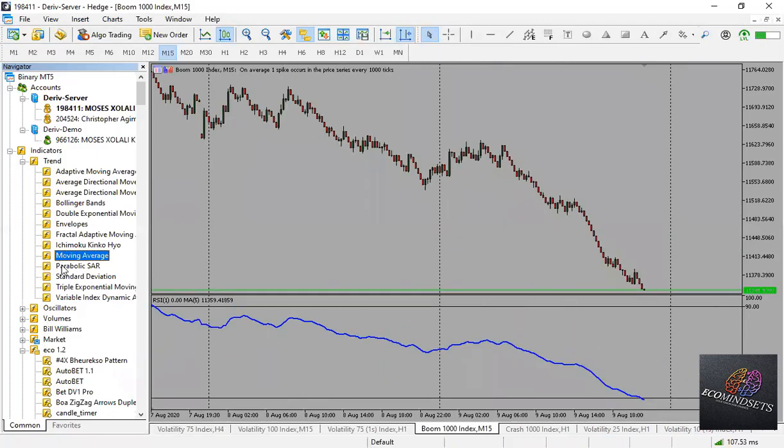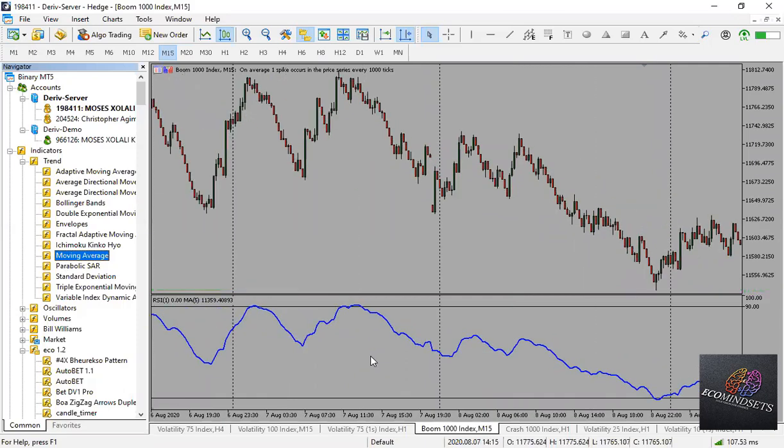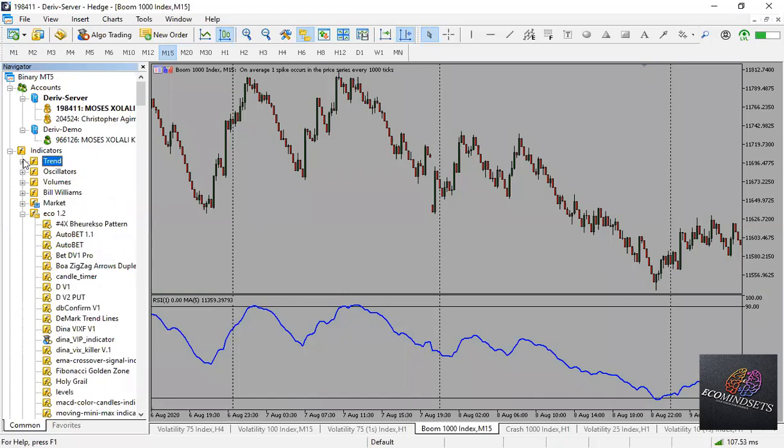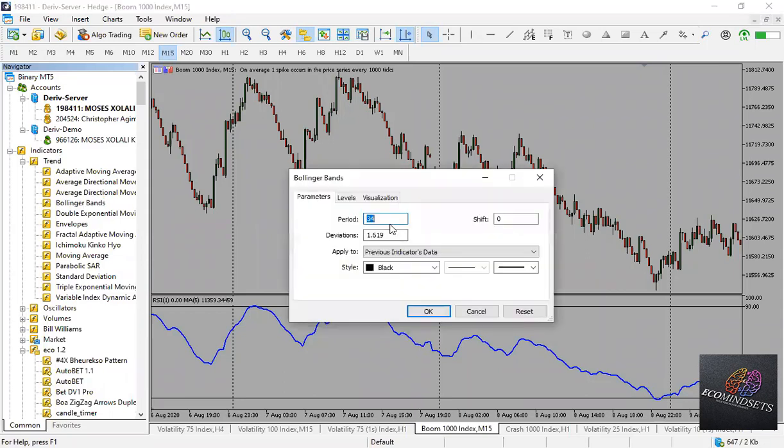Now we have to add one more indicator to complete the indicator window, and that is the Bollinger Bands. Come to the indicators on the left, click on Trend, then Bollinger Bands, drag it and drop it into the RSI window. The period should be 34. Deviation should be 1.619.